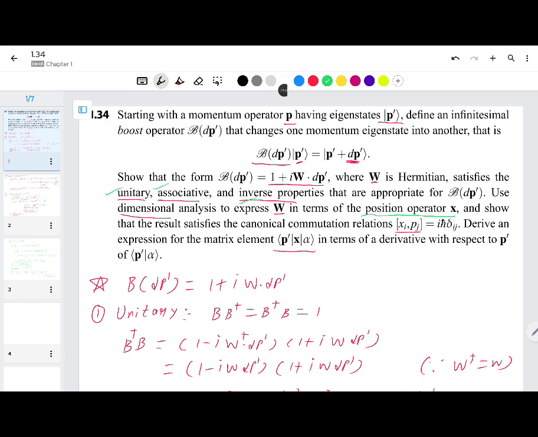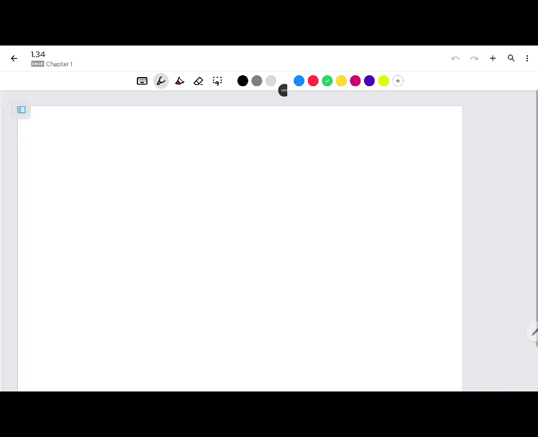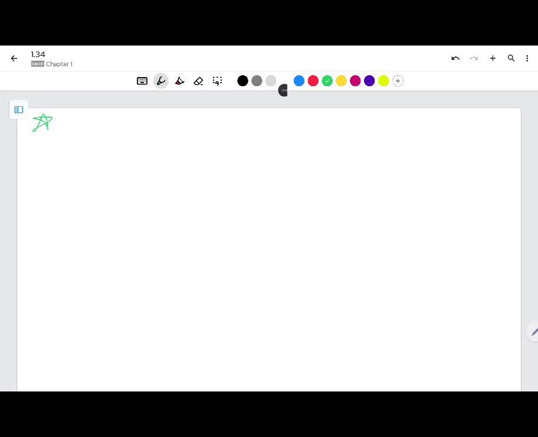Okay, so finally we need to find an expression for this. What does this mean? Okay, so this is something interesting. So let us say for the time being I am using a slightly different notation for simplicity.